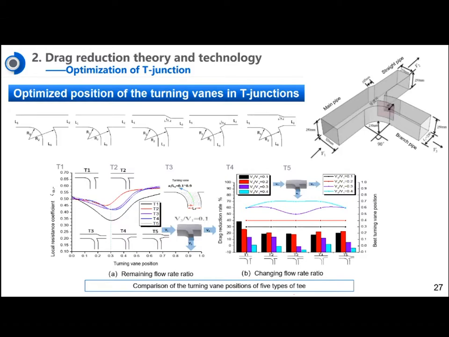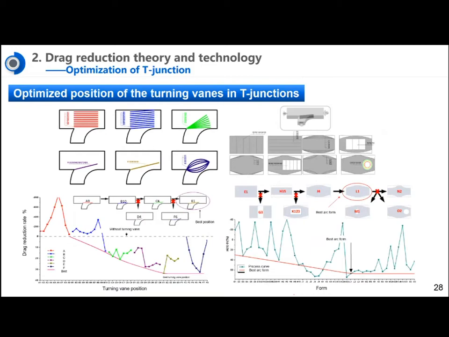On our left, the flow rate ratio is a constant. On our right, we can change the flow rate ratio, so we can find a different drag reduction rate. This optimizes the position for the turning vane in the T-junctions.